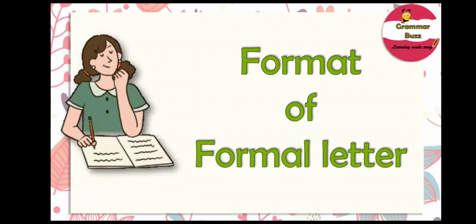So let's begin. Well, you see, formal letter writing format requires some specific rules and conventions. Also, the language of the letter should be very professional. The format here will help in relaying the content of the letter in a formal way. So it is time for us to know the format of writing a formal letter.